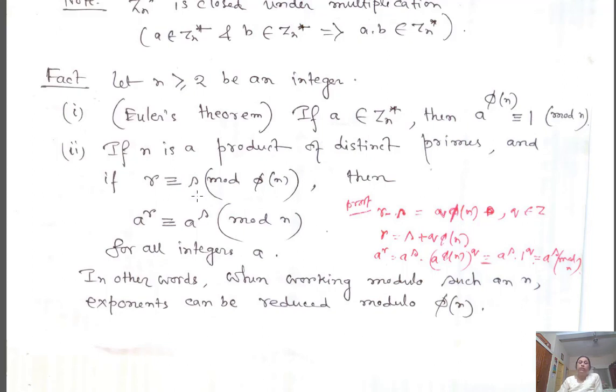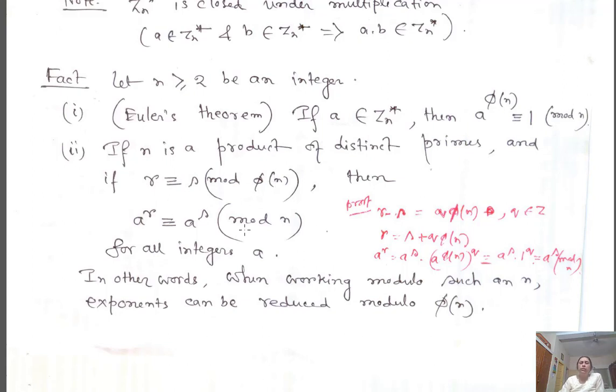And this thing is important for us: if n is a product of distinct primes, and if R is congruent to S modulo phi n, then a to the power R is congruent to a to the power S modulo n. So it says that if we are working modulo n, then in the exponents we are working modulo phi n.